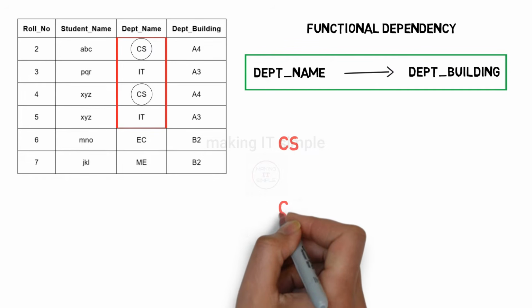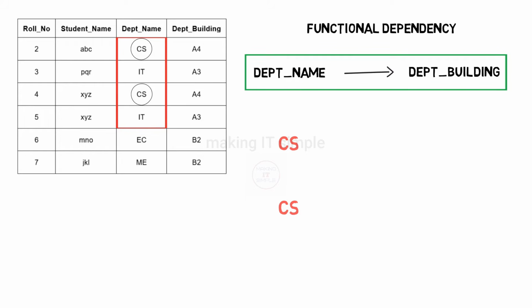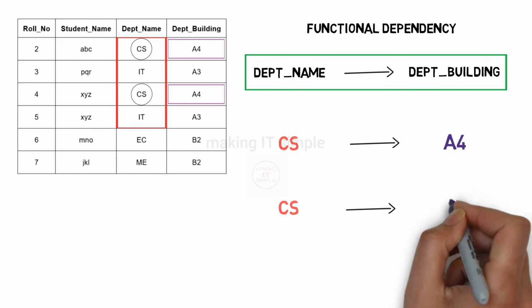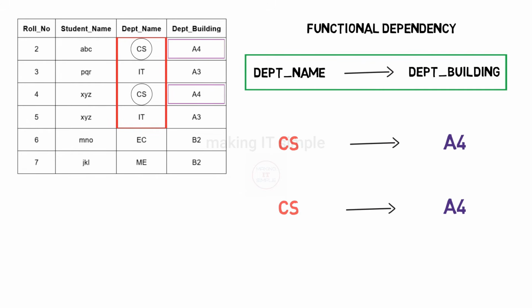So both can be written as determinant. So what are their corresponding dependent values? Both have A4 department building as their corresponding dependents. So we write them as their dependents. Is this an invalid case? No, it is not an invalid functional dependency. If I ask you, look at the table and tell CS department is in which building.